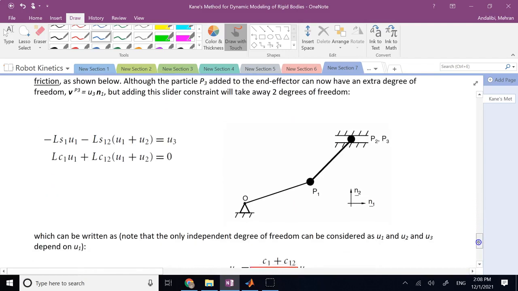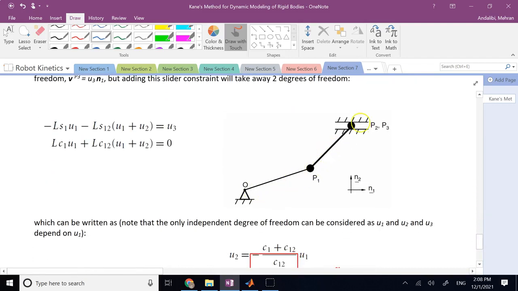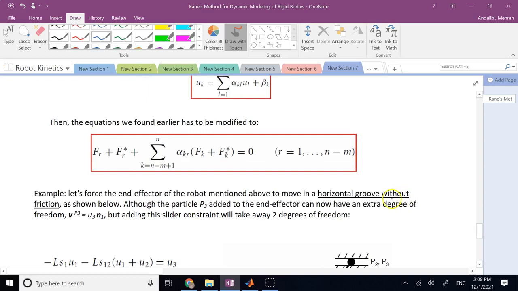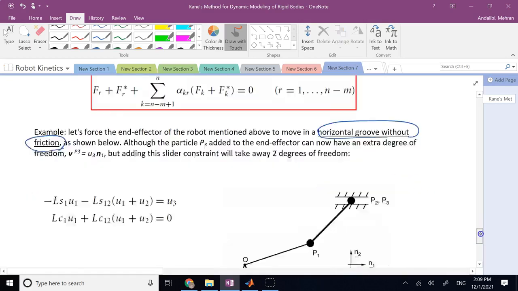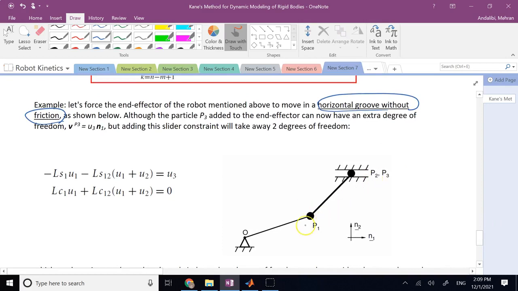Let's say, for example, here you have the same 2 degree of freedom planar arm that we talked about, but now you limit the end effector or point P2 to move inside a horizontal groove, and this horizontal groove has no friction, just to make it a little bit easier. How do you adjust your equations of motion to accommodate this extra constraint that you have, right?